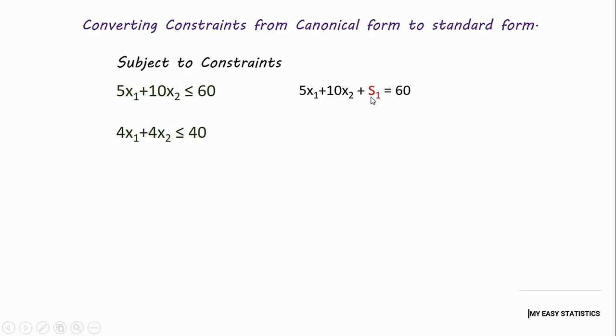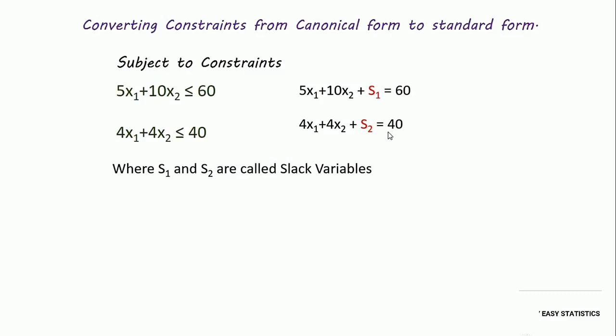Now S1 is a slack variable. Now the standard form is 5x1 plus 10x2 plus S1 is equal to 60. For the second constraint, 4x1 plus 4x2 plus S2 is equal to 40, where S1 and S2 are called slack variables. By adding slack variables, we have converted canonical form to standard form.